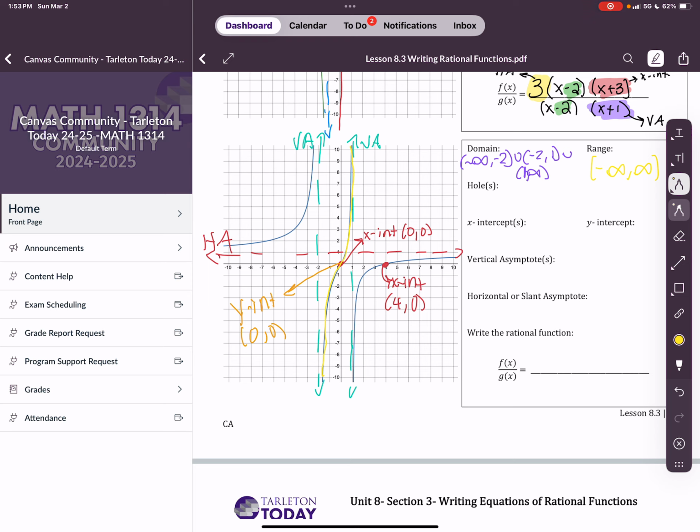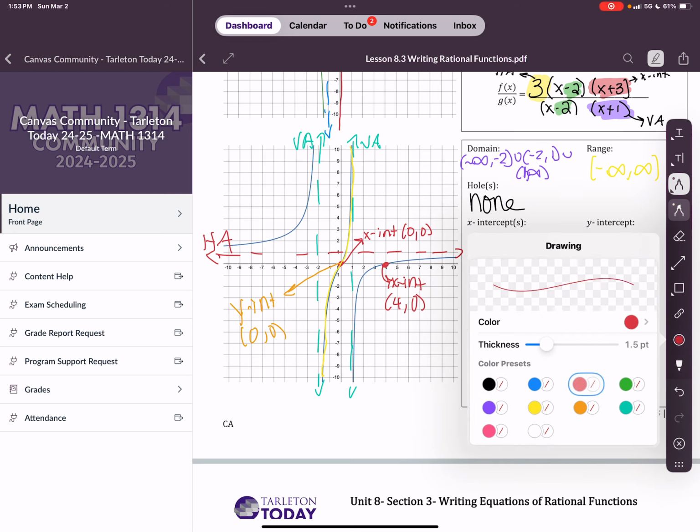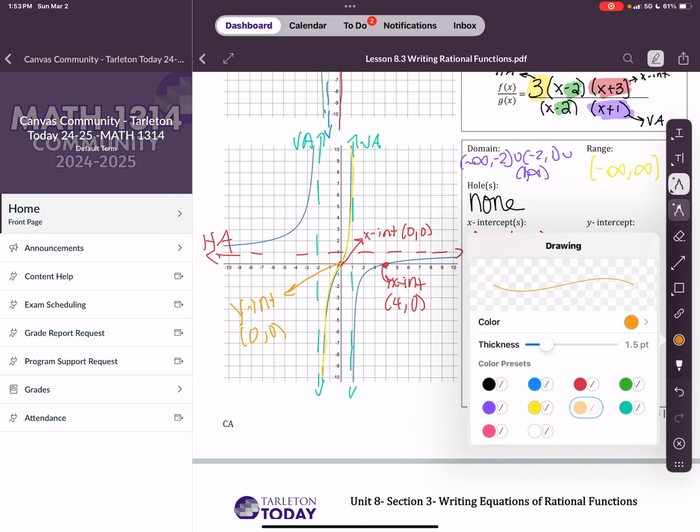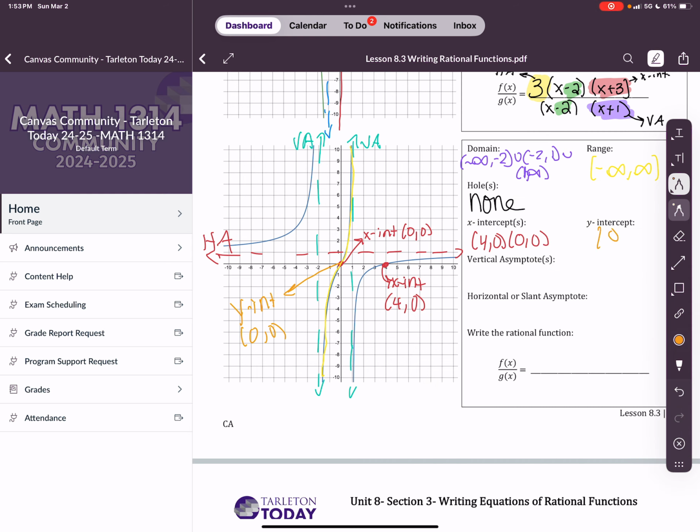Now, did we have a hole in our graph? Was there ever a time that we had a point that was not included? Nope. So we're actually not going to have a hole. As we've already talked about, our x-intercepts are (4, 0) and (0, 0), and our y-intercept was also (0, 0).